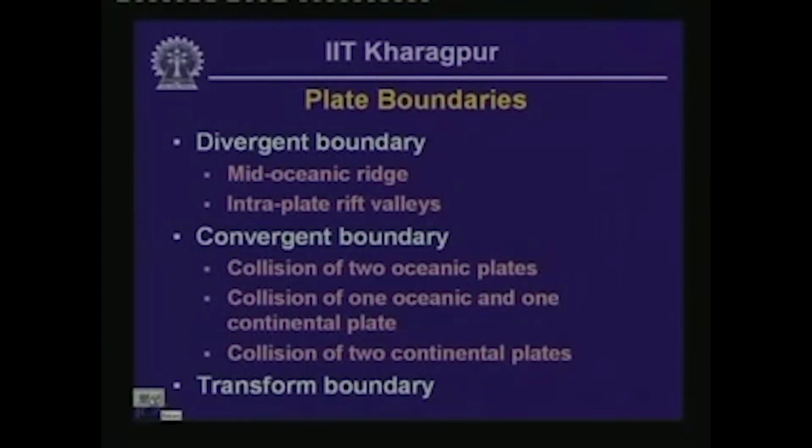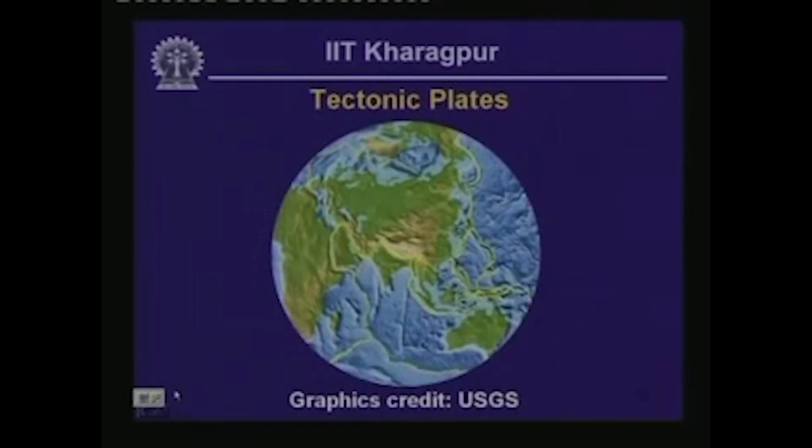They do not want to override each other, they are just merely sliding past each other, and one such transform boundary is the west coast of southern part of North America, California in fact, that has a very remarkable transform boundary between the Pacific plate and North American plate, and at that location the Pacific plate is simply sliding past the North American plate without overriding or without actually subducting underneath the North American plate.